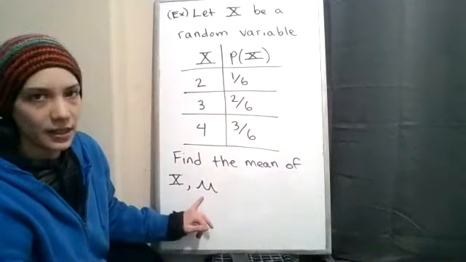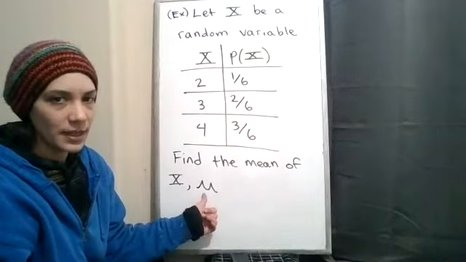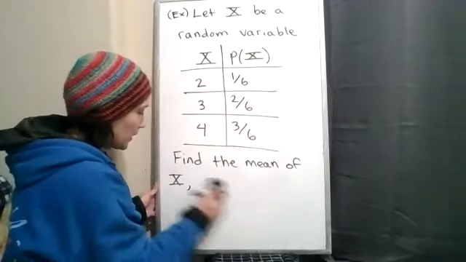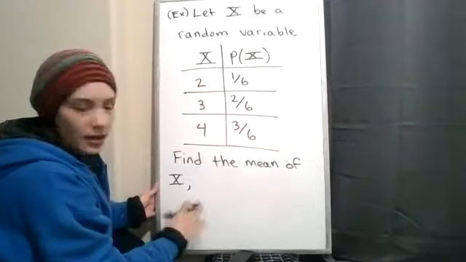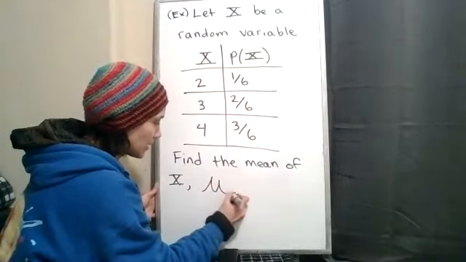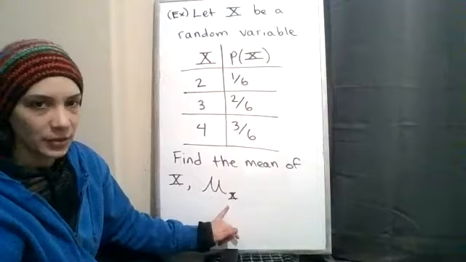And actually, I wanted to put this up earlier, but I often like when they put the mean and then put the variable as a subscript. So the mean of X, I'll probably write as mu sub X. So capital X in the subscript.